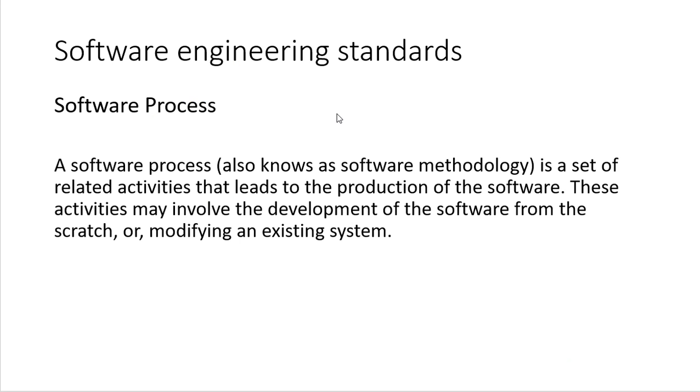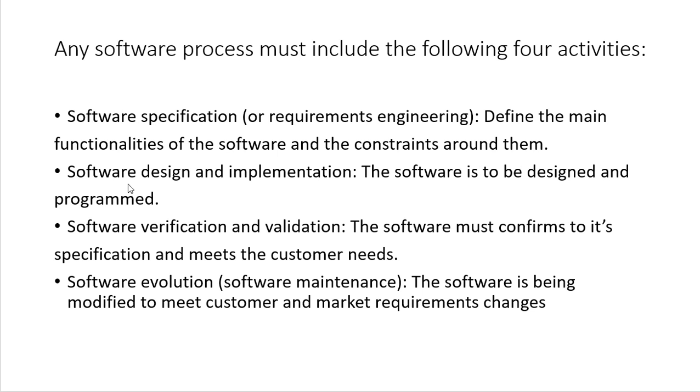Now I'm going to talk about software engineering standards. The first thing you need to know is the software process. A software process, also known as a software development model, is a set of activities that leads to the production of software.